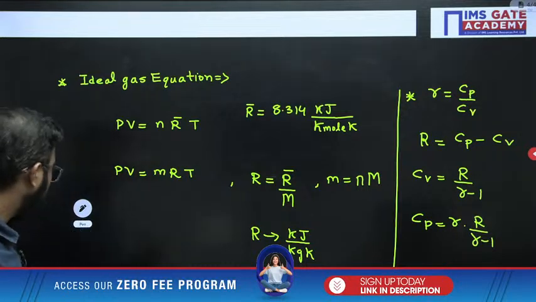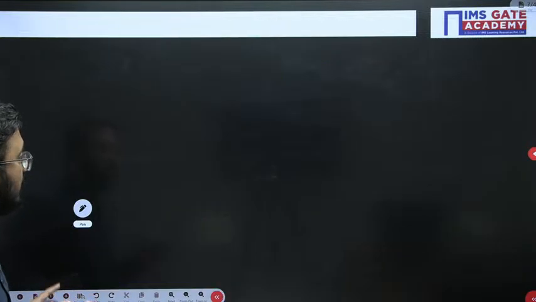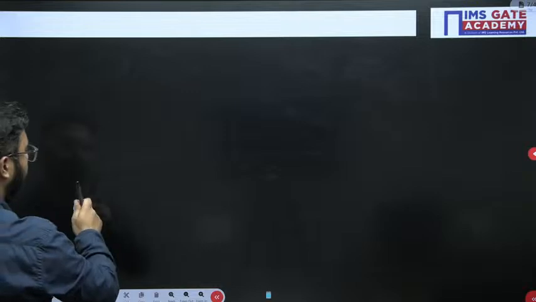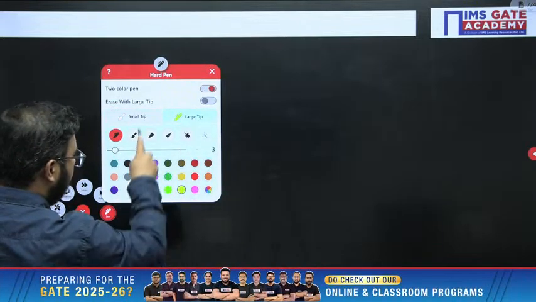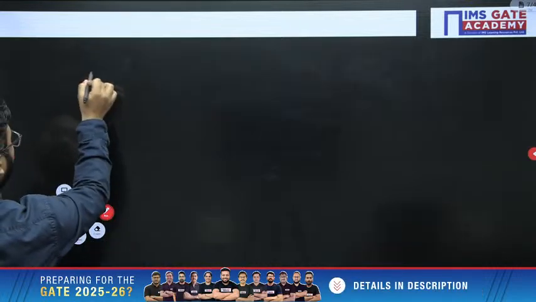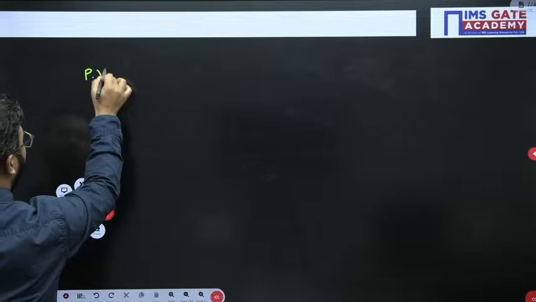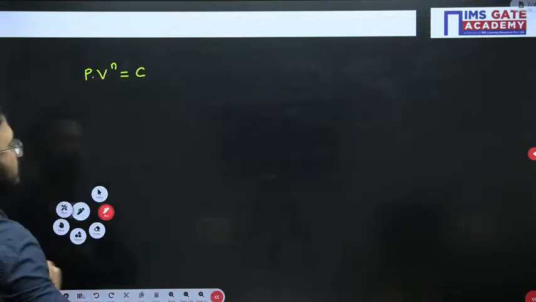Now, coming to the next part. So this much information is clear to everyone. Very important, before moving forward to the next problem, we need to understand the process, how we will write the process in thermodynamics. This is called the polytropic process.